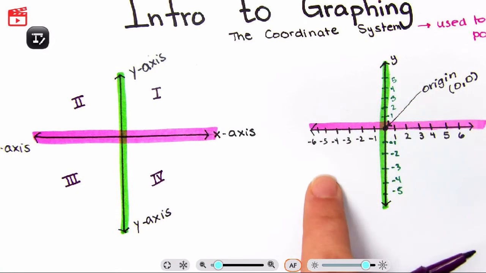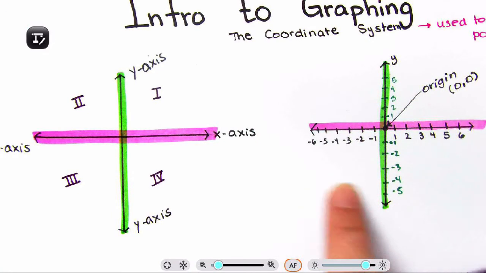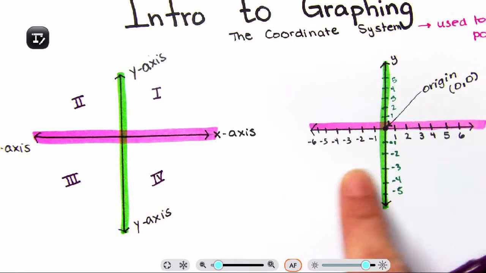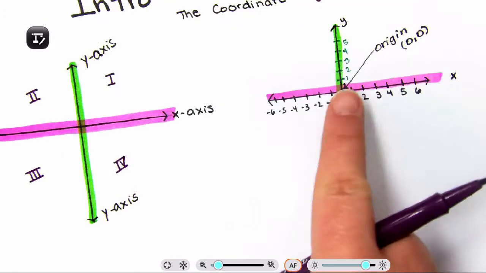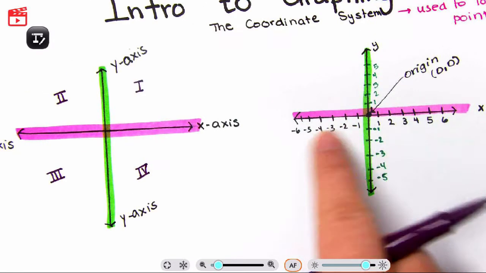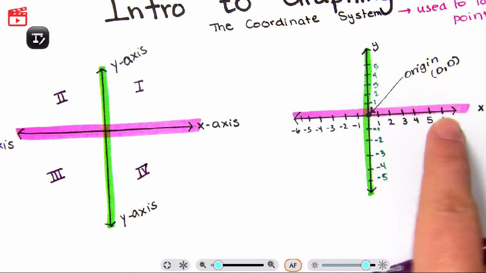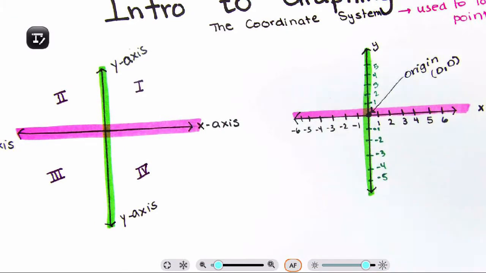In quadrant 3, both the y and the x values are negative. Then with quadrant 2 and quadrant 4, it switches. In this one, x is negative and y is positive. In this one, x is positive and y is negative. And so we just need to know what quadrant things are in.